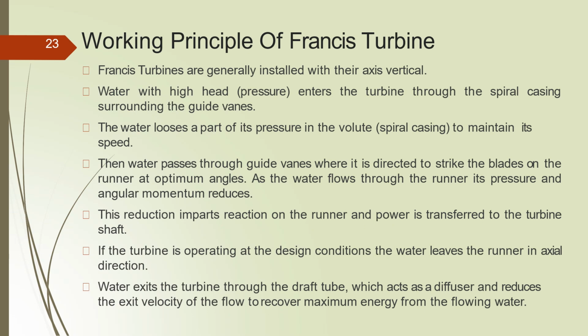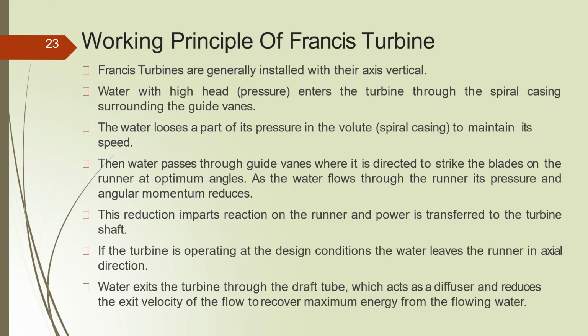Then water passes through guide vanes where it is directed to strike the blades on the runner at optimum angles. As the water flows through the runner, its pressure and angular momentum decrease. This reduction imparts reaction on the runner and power is transferred to the turbine shaft.